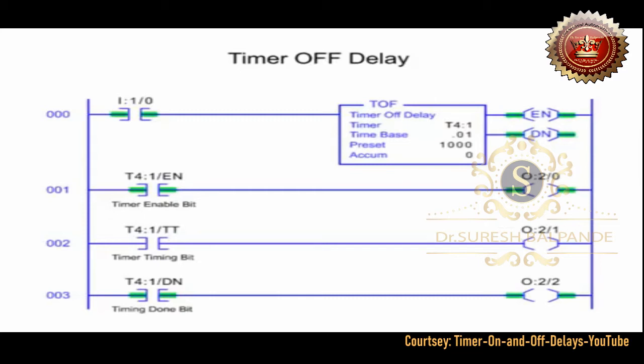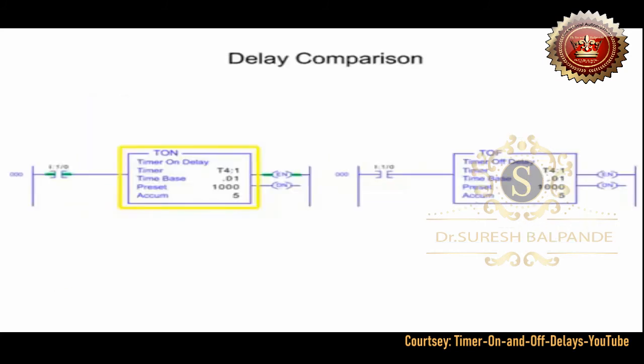When the input conditions change to false in the timer off delay instruction, the timer timing bit goes true. As the accumulated value reaches the preset value, the done and timer timing bits turn off. Timer on and off delays reset when the rung conditions change true or false depending on the timer type.